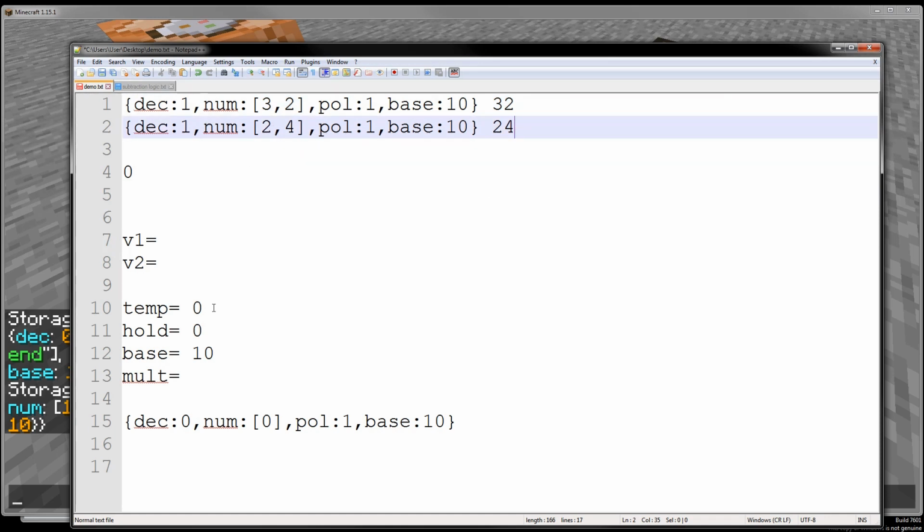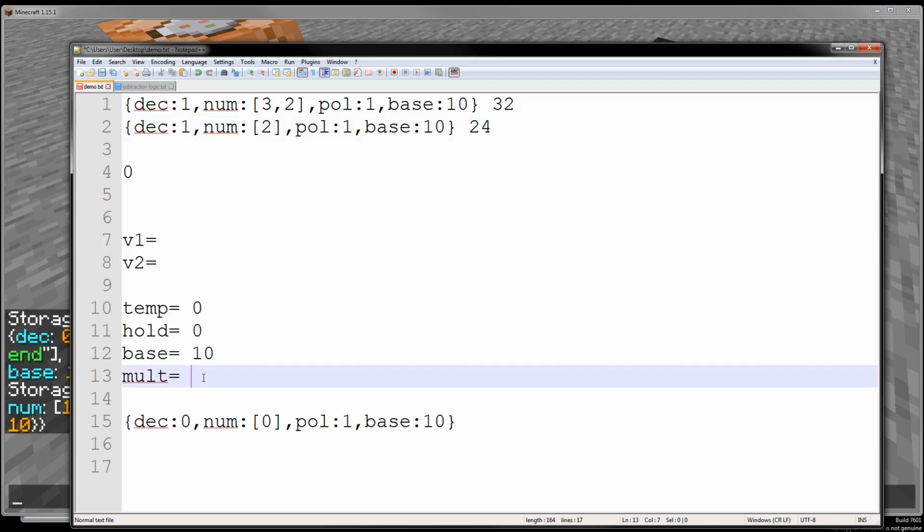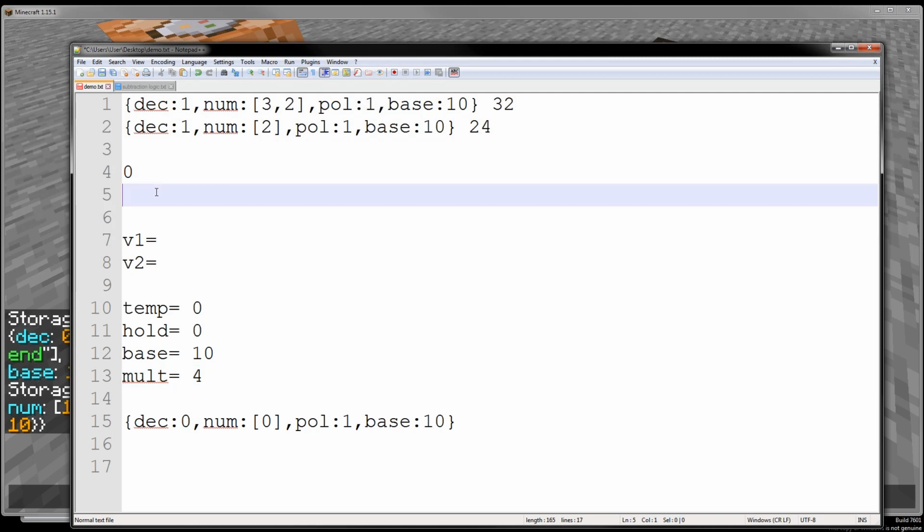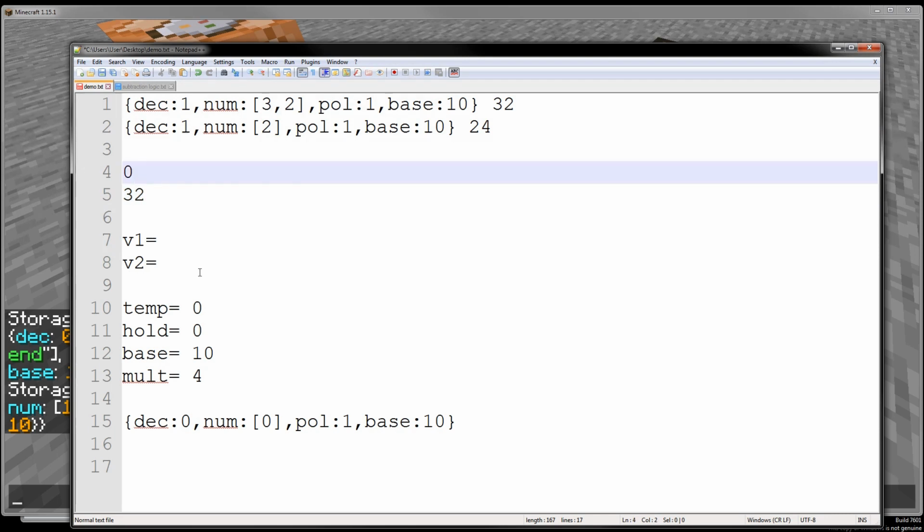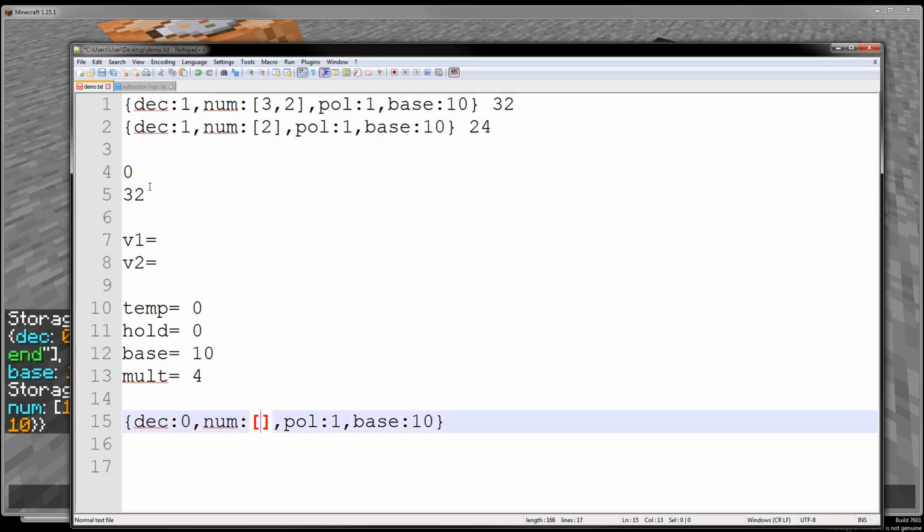So what I do is I take this first number here and I shift it into the mult value. And then what I do is I take 32 and I add it to the previous number, which is output here. Once I do that, in this case I would get 3, 2. And then the next thing I would do is clear this, and then I would have 32.